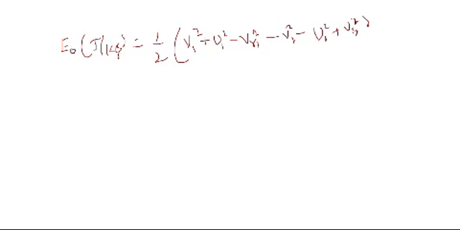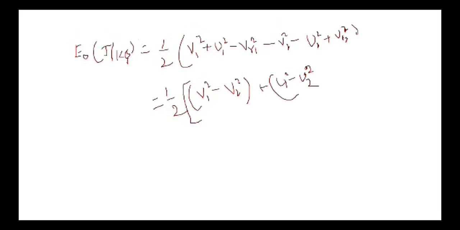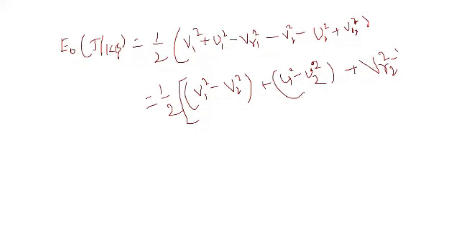After rearranging all these things, 1 by 2 times V1 square minus V2 square, plus U1 square minus U2 square, plus Vr2 square minus Vr1 square.